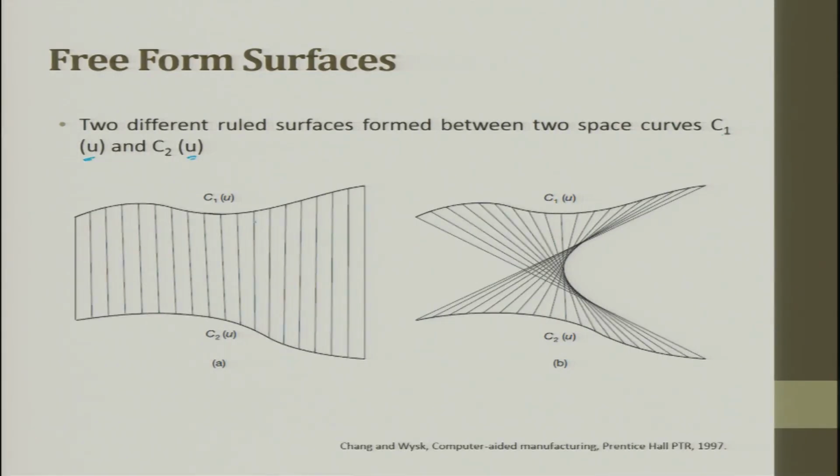Now you see when we go in the other direction, you get a surface like this, C1 and C2. So, two different ruled surfaces are formed by two space curves C1 and C2.